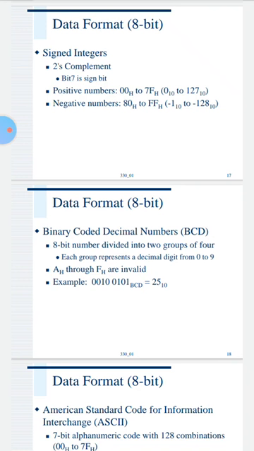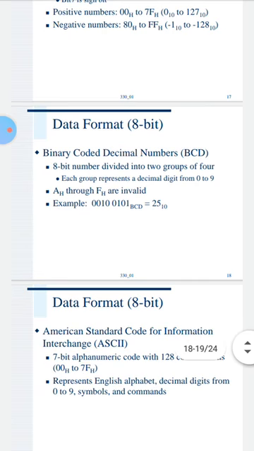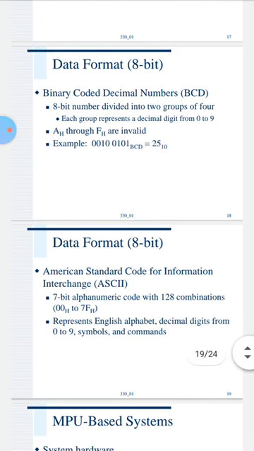So example is 0010 0101. It is BCD conversion. So it is equivalent to 25 in decimal. Okay. And American Standard Code for Information Interchange, ASCII stands for American Standard Code for Information Interchange.